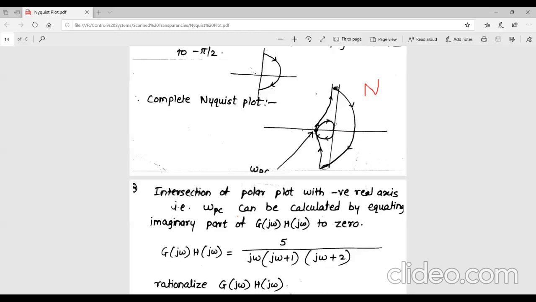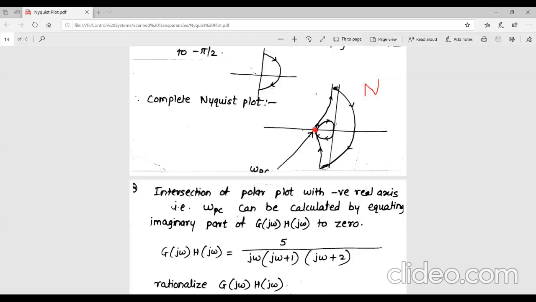The critical point lies on the negative real axis, right? And so to understand whether this particular Nyquist plot is encircling critical point or not, we need to understand what this particular point is, which is denoted as omega pc, right? Whether that point is greater than or less than minus 1 plus j0, this point, right?